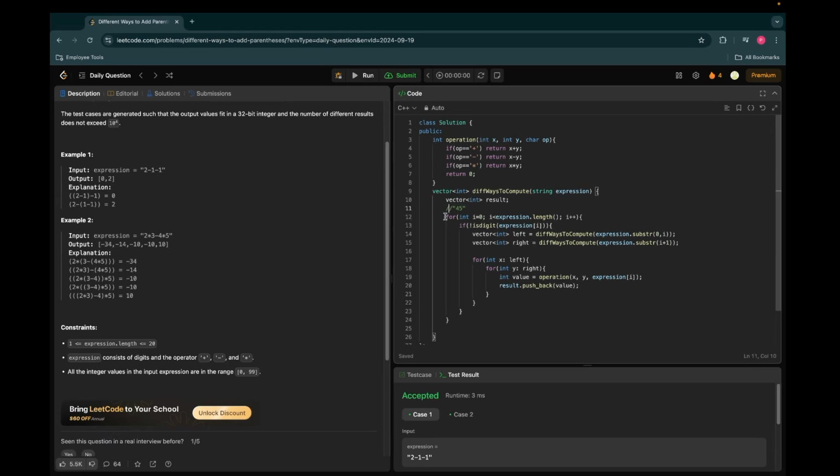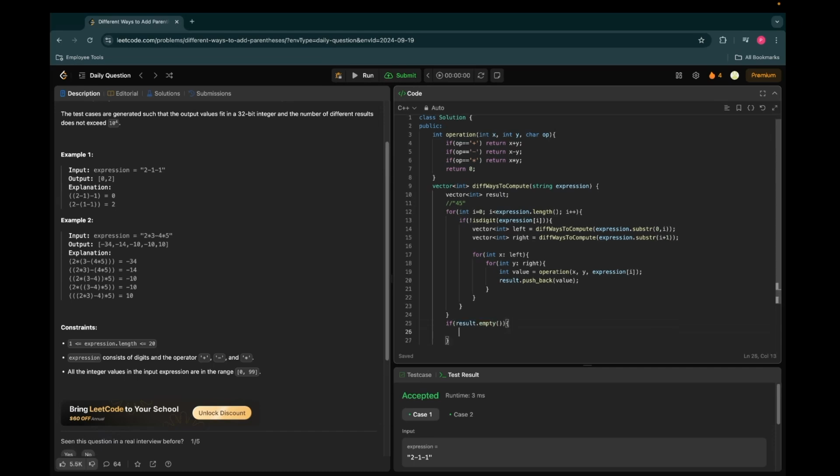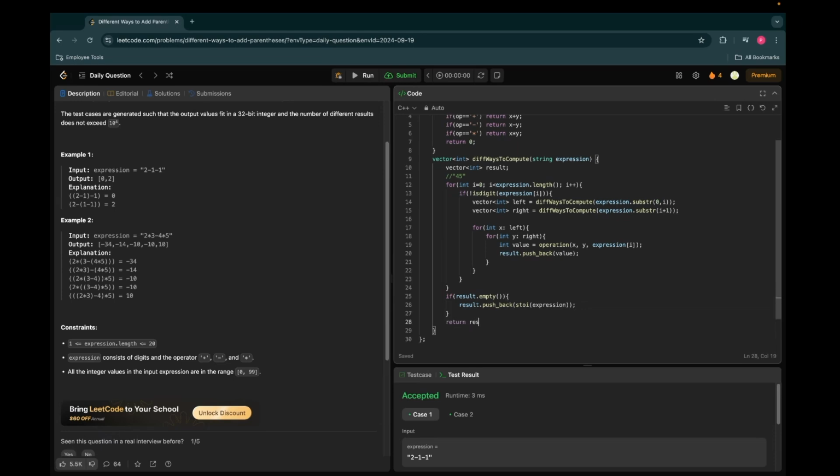If it doesn't contain any operator, then this loop will never be executed, and result will be empty at that step. So if result is empty, the expression we are encountering is just a string without any operator, and then we need to push the integer. So we will do result dot push back string to integer of expression, and then finally we will return result.